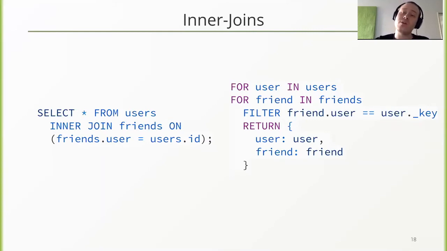One going over the users collection, the other one going over the friends collection. And then you just say filter where these attributes are equal. So pretty much the same condition that you would write in the on statement for an inner join in a relational world. And then you can just return it. And this will actually have the same result in both databases.